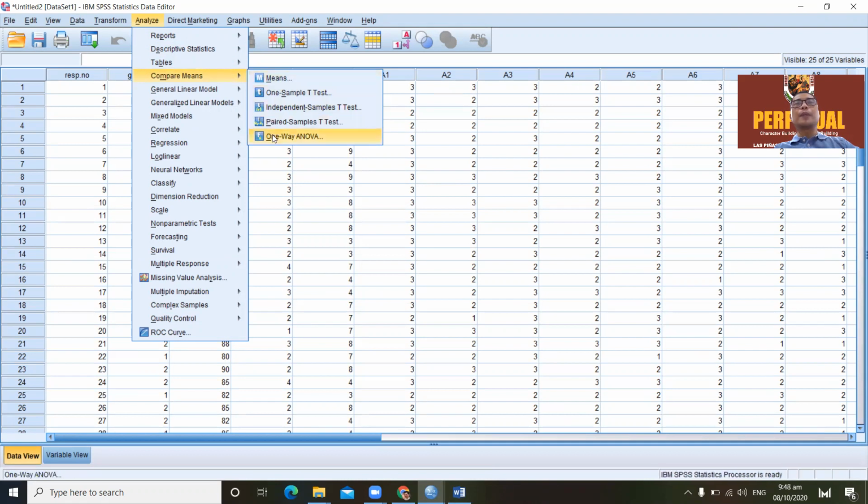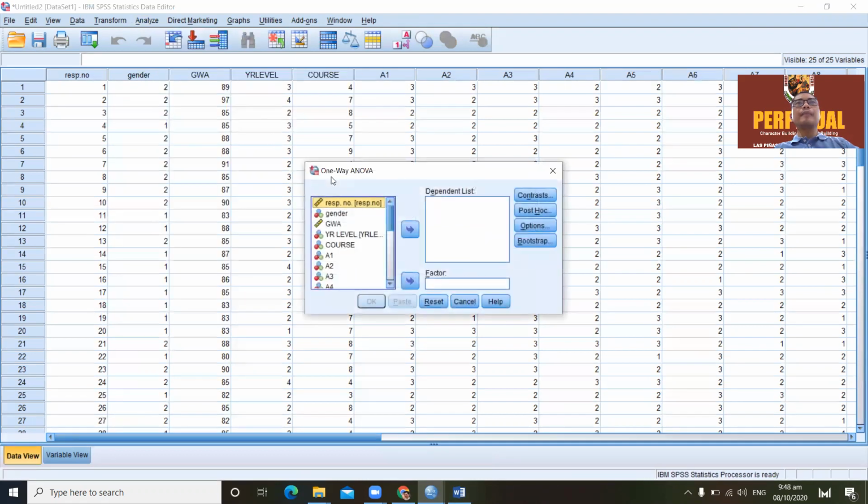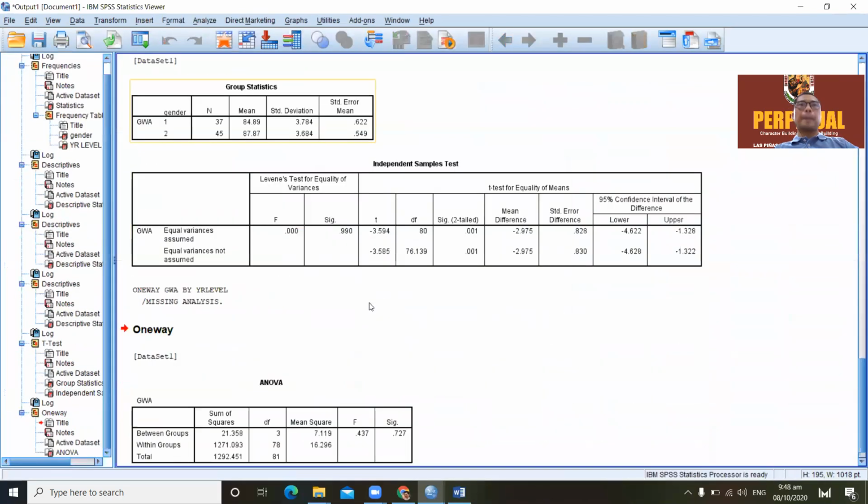Now you click one way ANOVA, and then same dependent list would be the general weighted average. It's because that's your question, but you try to compare the academic performance through the general weighted average when you try to group them according to year level. Just click here, year level, and then you click OK.